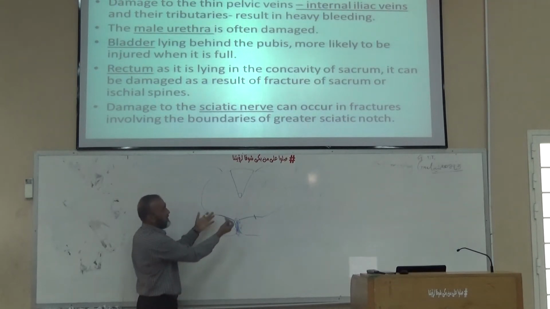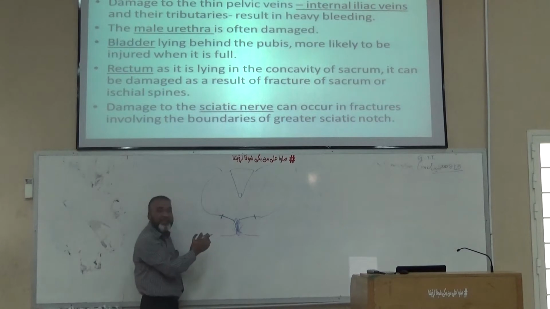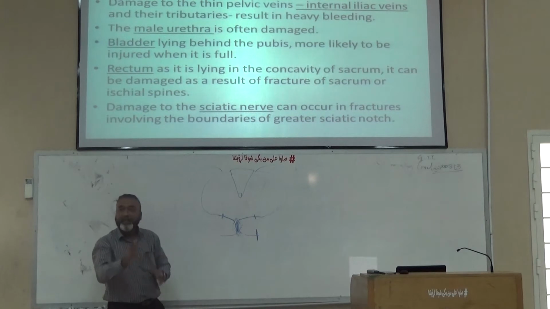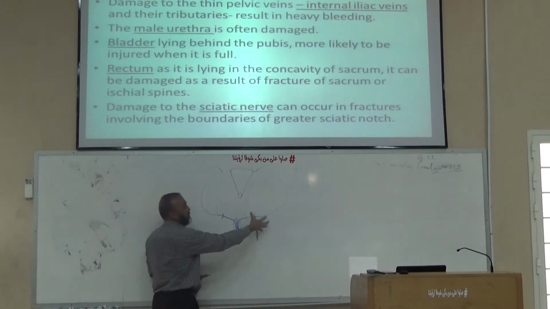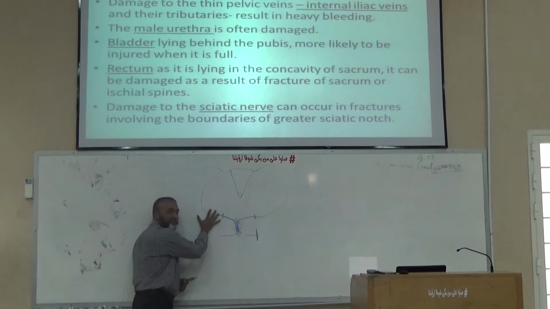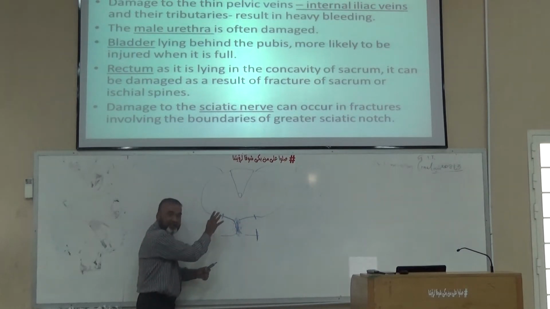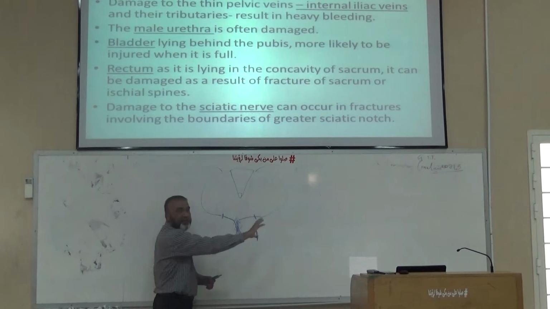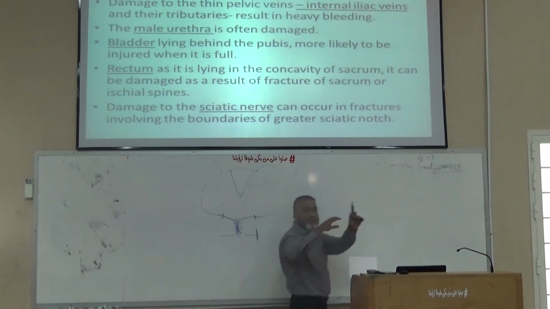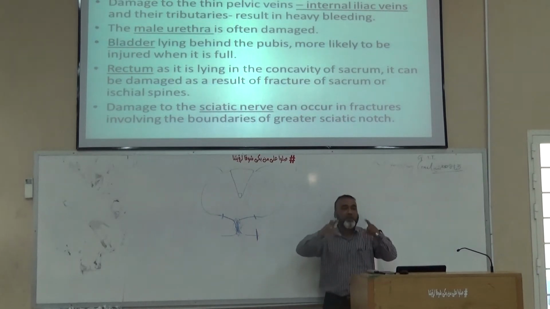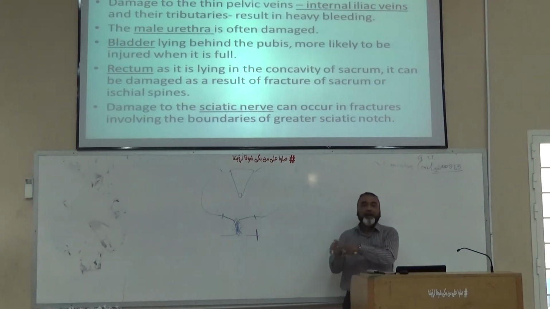But when there are fractures on two opposite sides, or at two areas on the same side, then it is possible that the normal muscles of one side can pull the bones which are united with that side. Is it clear or not? And they will move apart. So disruption of the continuity of the ring can take place when there are two points of fracture in the pelvic bones or the pelvic girdle.